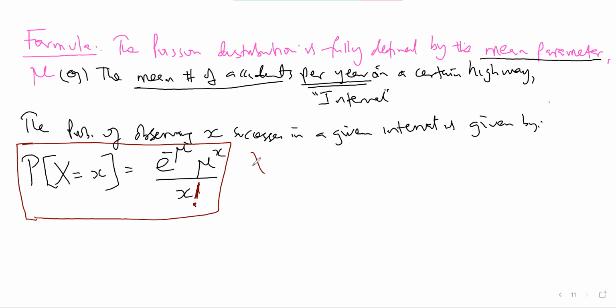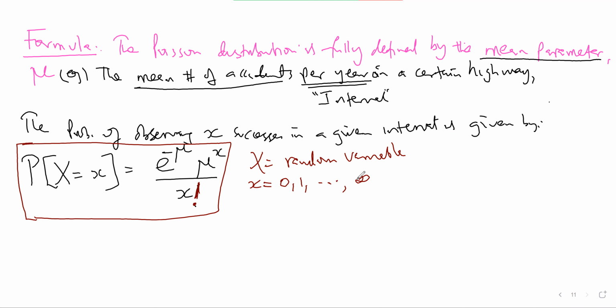Of course, here x is a random variable, for example, the number of successes. Then x takes the values 0, 1, all the way to infinity. Remember, n is unknown, or n is infinite.